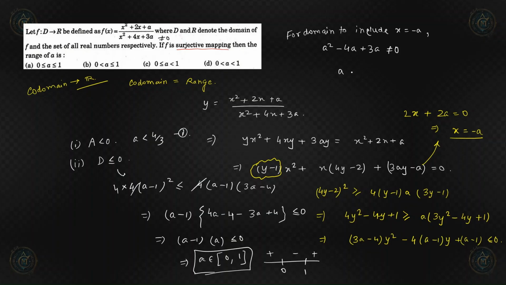So a square minus a should not be 0, that means a should not be 0 or 1. If we take the intersection of condition number 1 and condition number 2, we get that a must belong to the open interval 0 to 1. So this will be our answer.